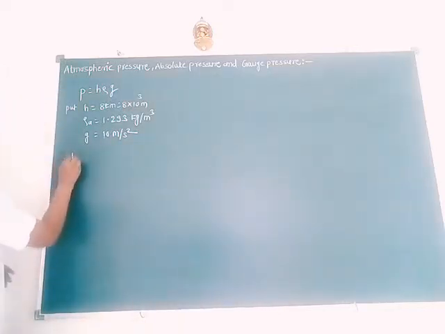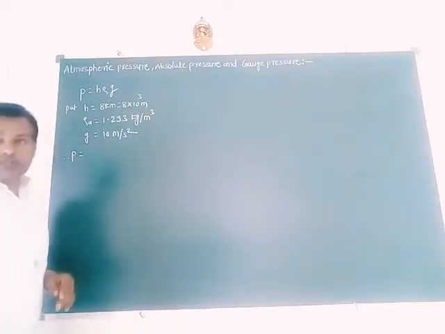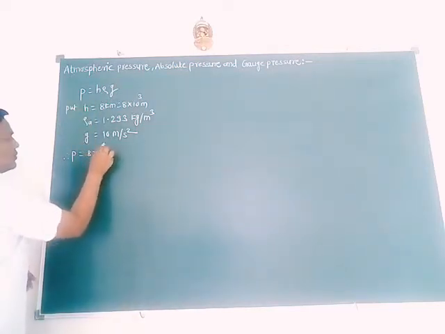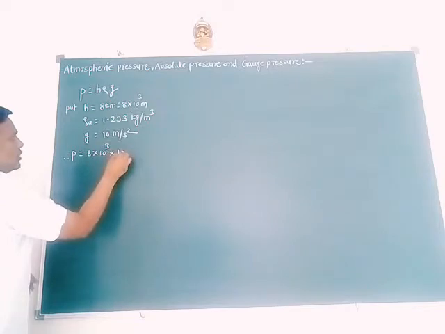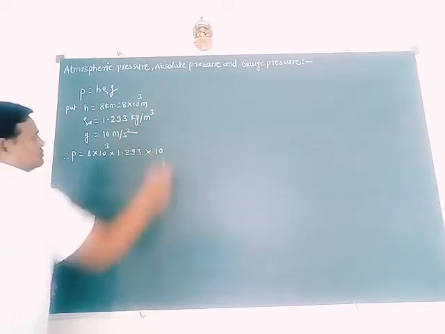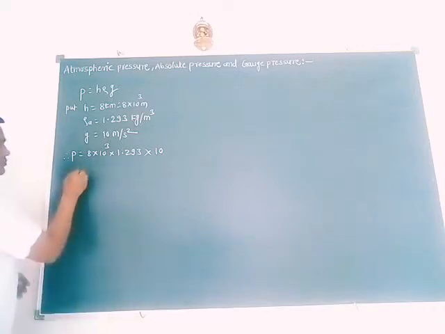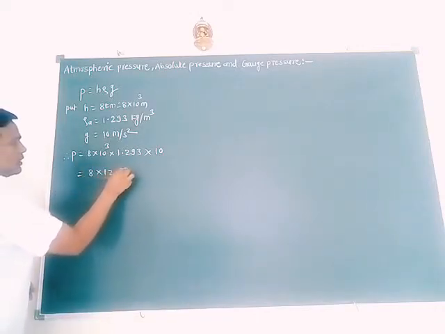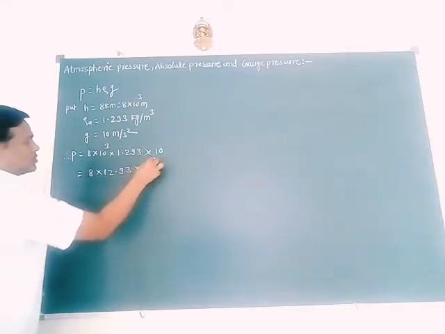So we can write P, atmospheric pressure, equal to 8 into 10 to the power of plus 3, into 1.293, and G about 10. So we can write this as 8 into 12.93 into 10 to power of 3.